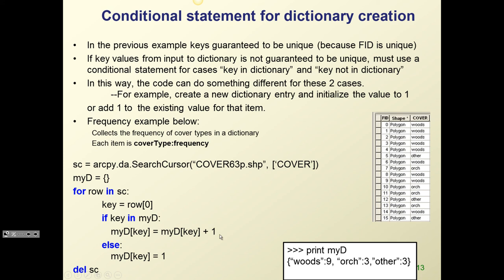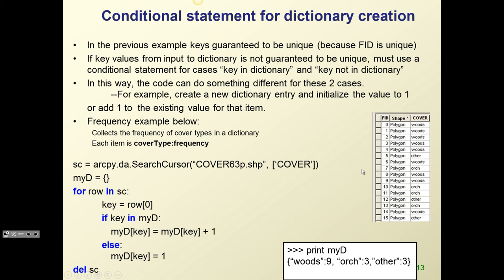We're counting the number of occurrences of the different kinds of entries. Exactly. Very good. It's a handmade frequency counter. In this other case, if the key is in the dictionary already, we're adding 1 to our counter for that particular key. Add 1 to the existing value of that item. So this is a frequency example.